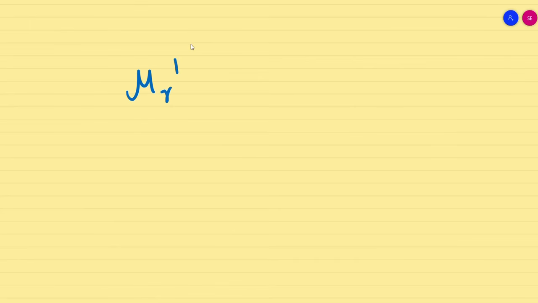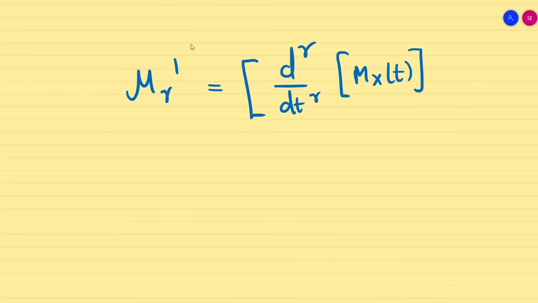mu r dash is equal to d power r by dt power r of Mx of t. That means the rth moment, the raw moment or the moment about the origin, is the rth derivative of my moment generating function. After that I have to substitute t equal to 0.